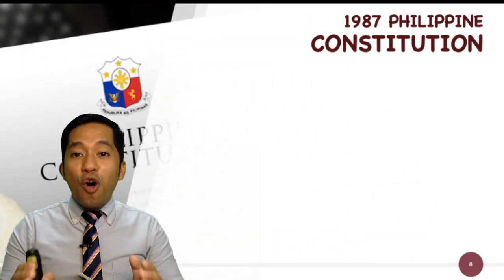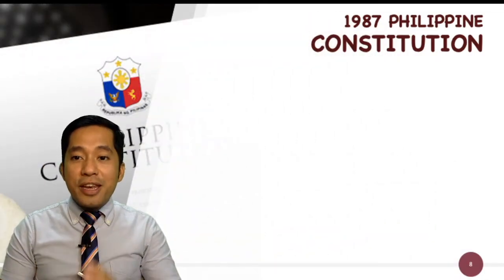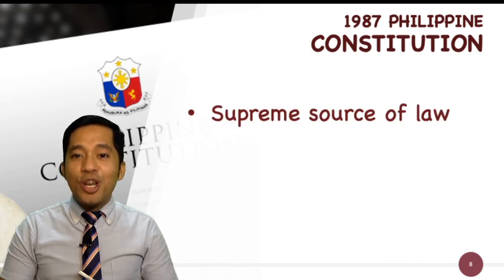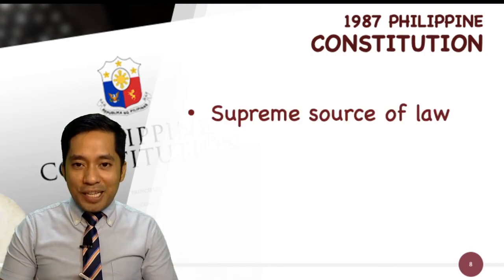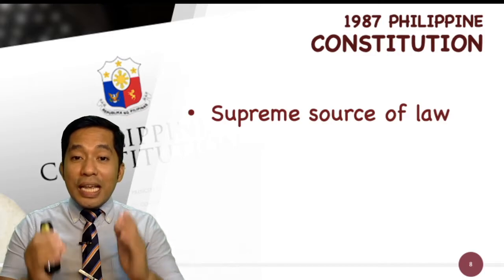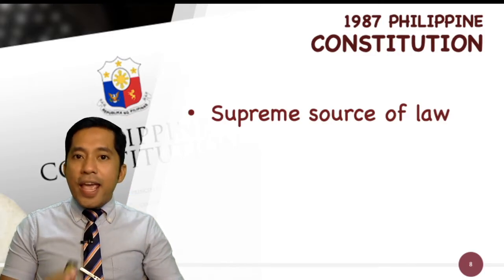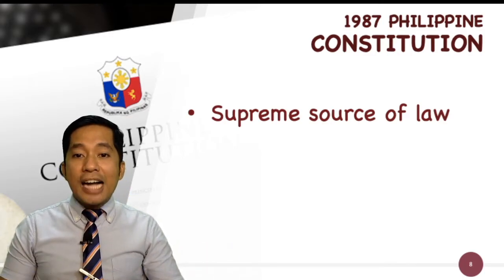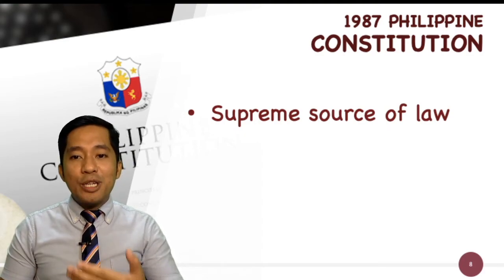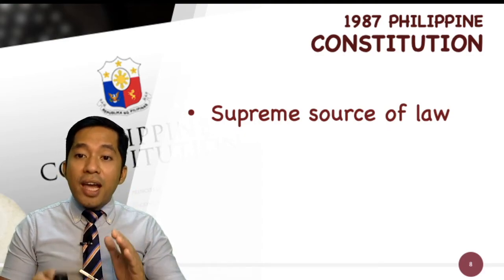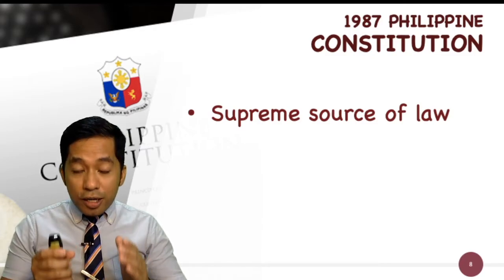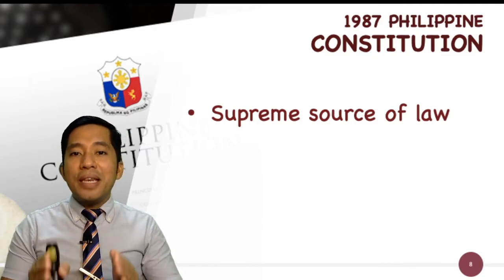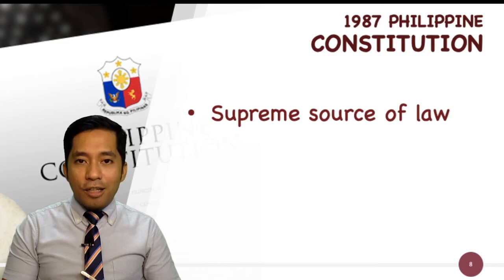Now, the fourth and final source of law is the 1987 Constitution of the Republic of the Philippines. The Constitution is the supreme source of law. Anything that is enacted by legislative or administrative bodies, if they are contrary to the Constitution, then they can be declared void and null.